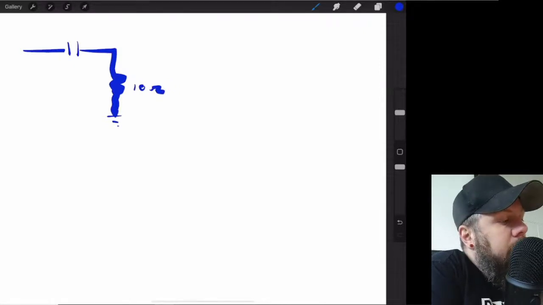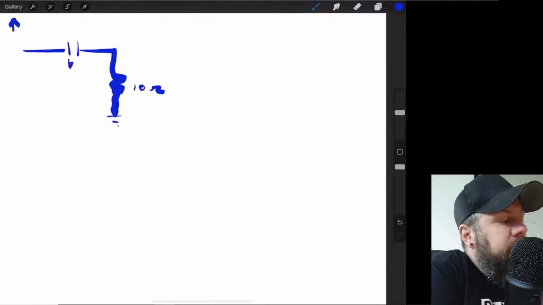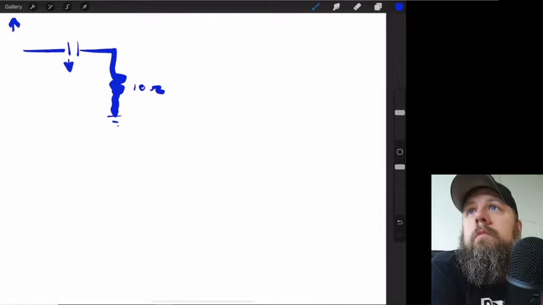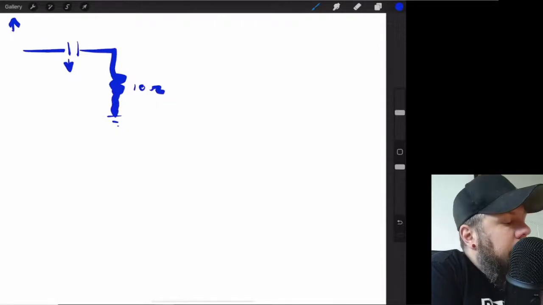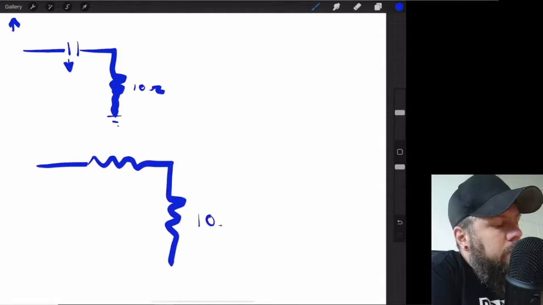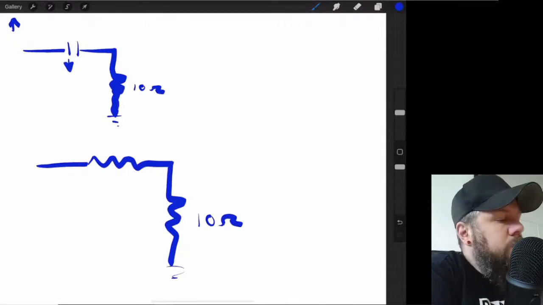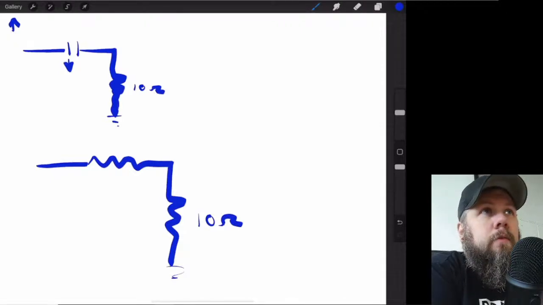So as my frequencies go up, this resistance goes down. So now instead of that 10 ohm staying the same, the one going to ground stays the same, but this one changes depending on frequency, right?